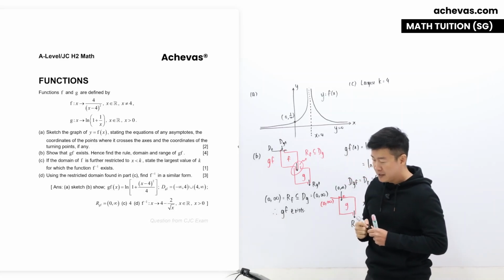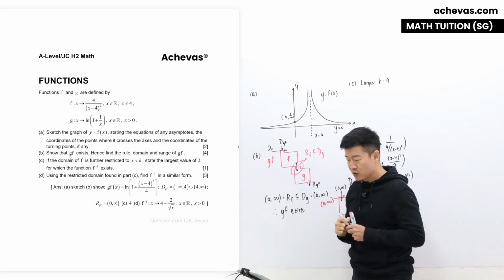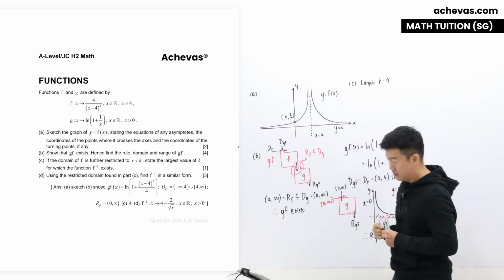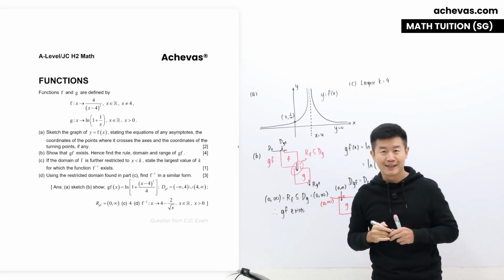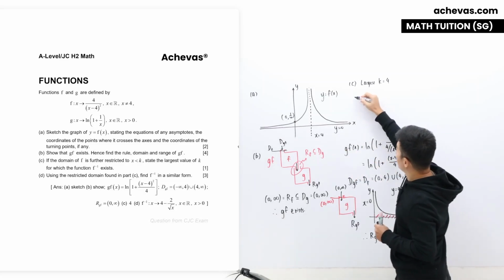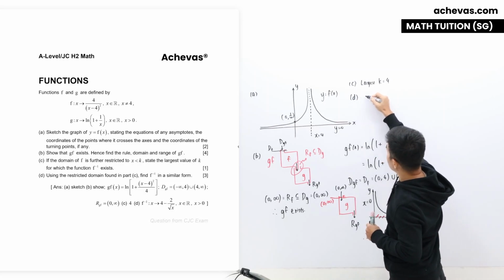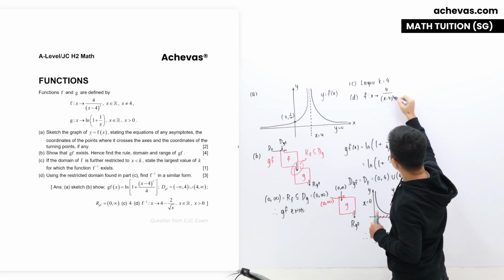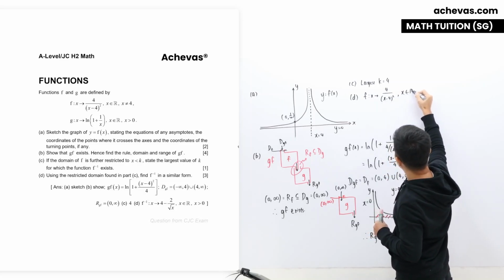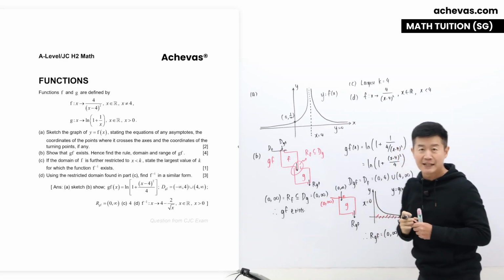And for our last part, part D, we are going to be using this restricted function that is found in C to try to find the f inverse in a similar form. So for part D, we are going to go for f(x), which is 4 over (x minus 4) squared, where x are real numbers, such that this time x is going to be strictly less than 4.